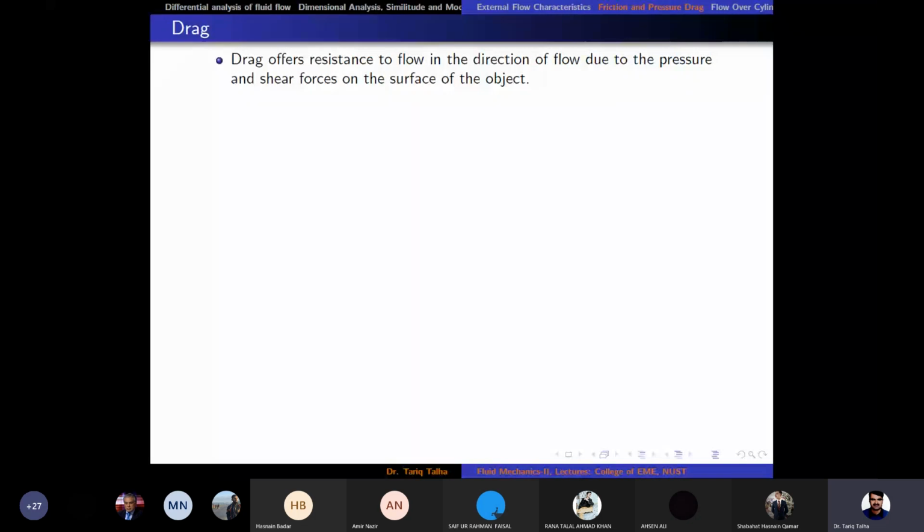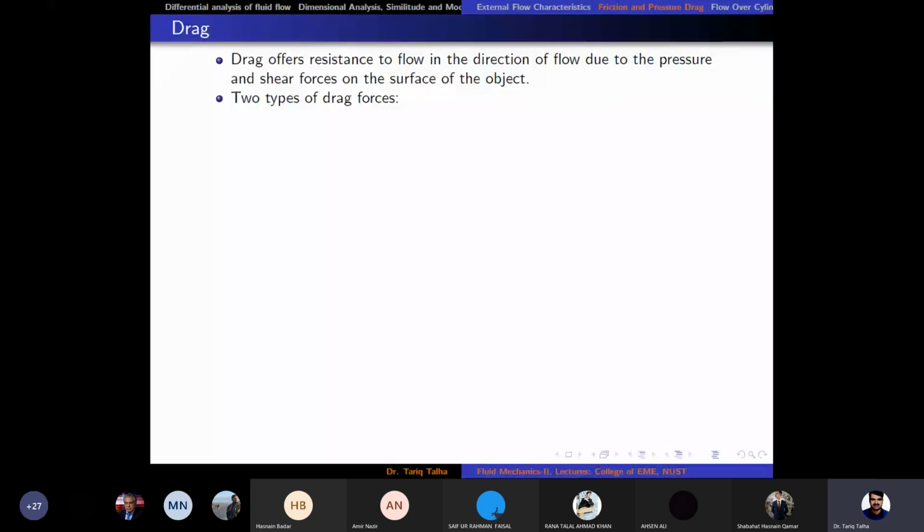One is the pressure force, which is a normal force, perpendicular to the flow direction, and the shear force, which is parallel to the flow direction.